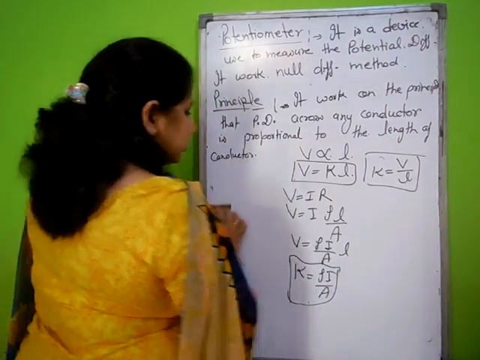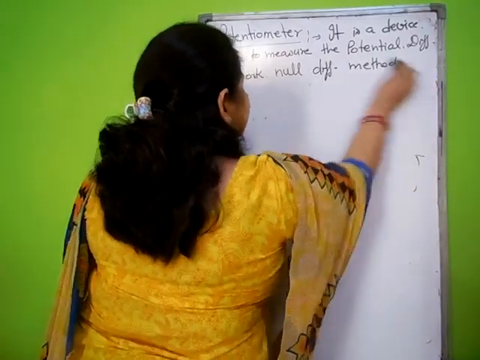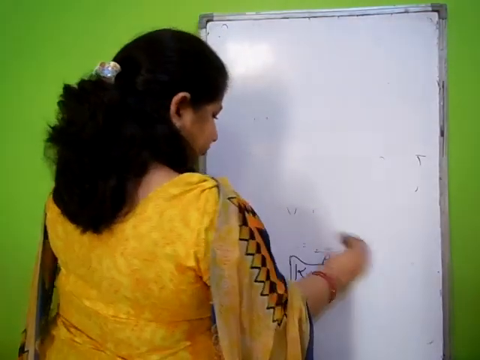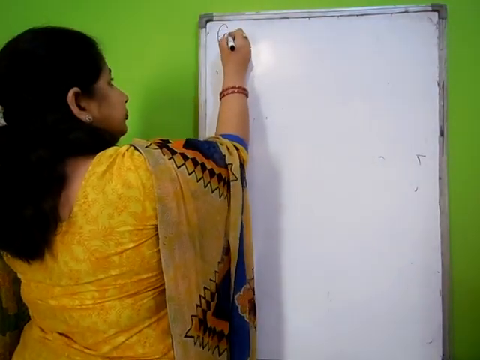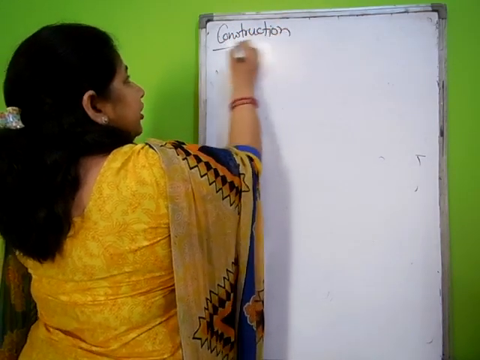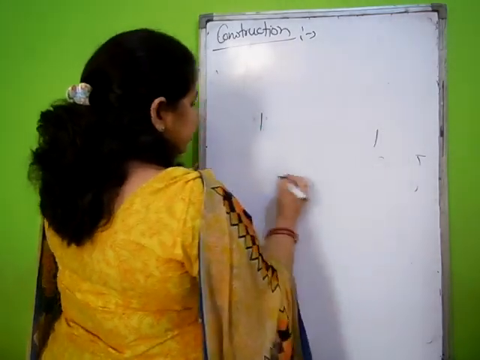Now, what is the construction of potentiometer? How can we construct any potentiometer? It consists of a long wire.